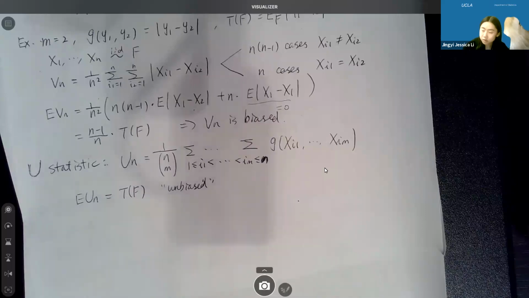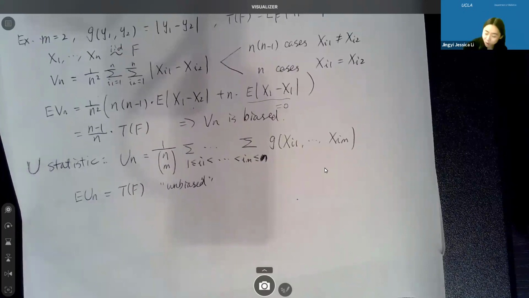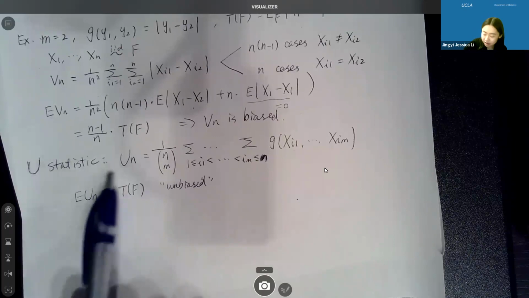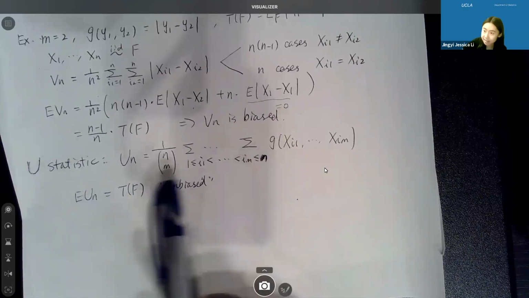so you may have repetitive data points, and that will cause issues with the bias. But in the U statistic, when you draw a sample of size m from your original sample of size n, you only sample non-repetitive elements. Of course, you see the U statistic is only feasible when the number of arguments in the g function, the m, is less than n.